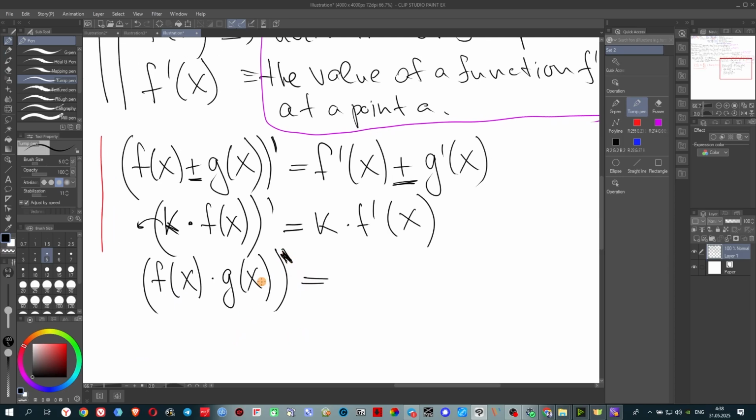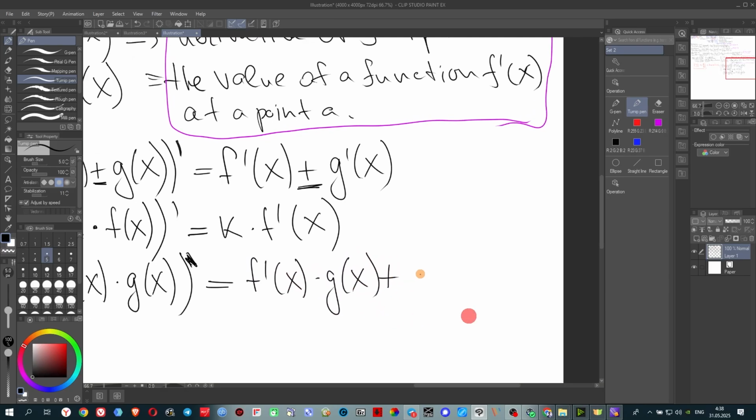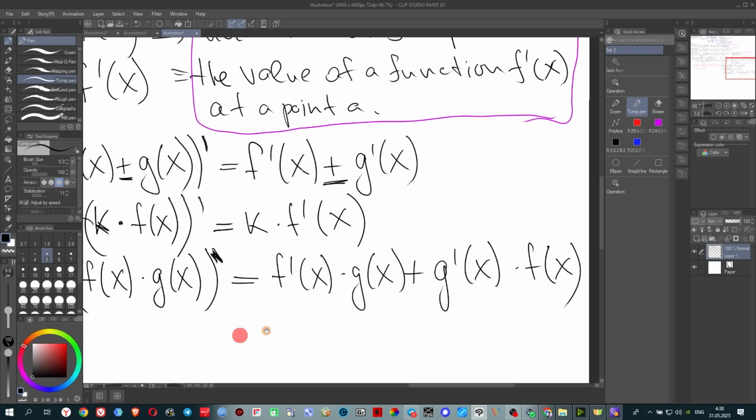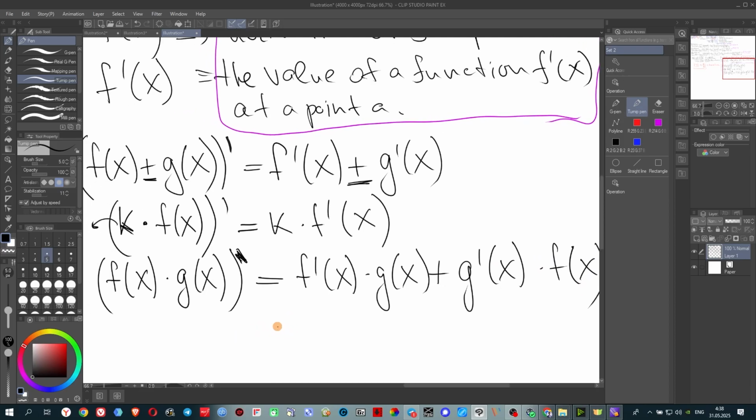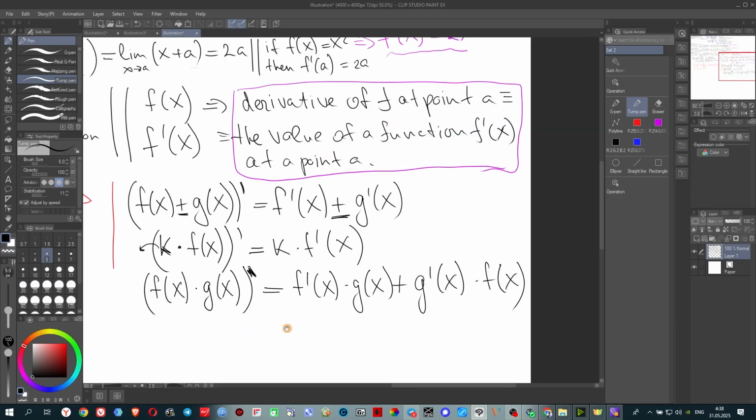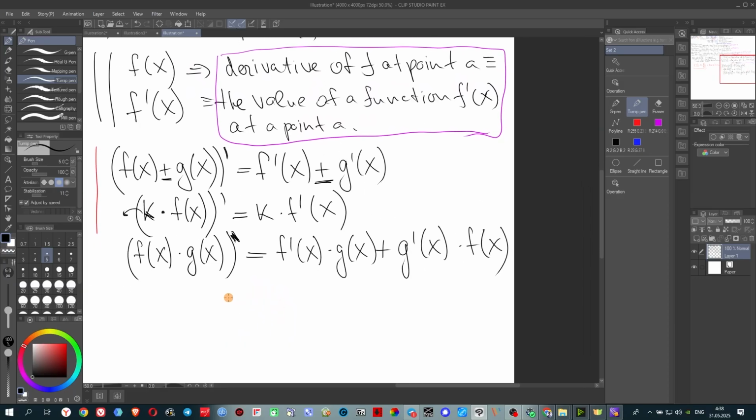I will not go into a very detailed explanation of how it works, but you should remember for your exam the formula: f prime of x times g of x plus g prime of x times f of x. So these are the formulas that we will use today to solve different examples. There are several more, but in general there are just a couple more formulas, and this is it. You will not need to remember many of them.